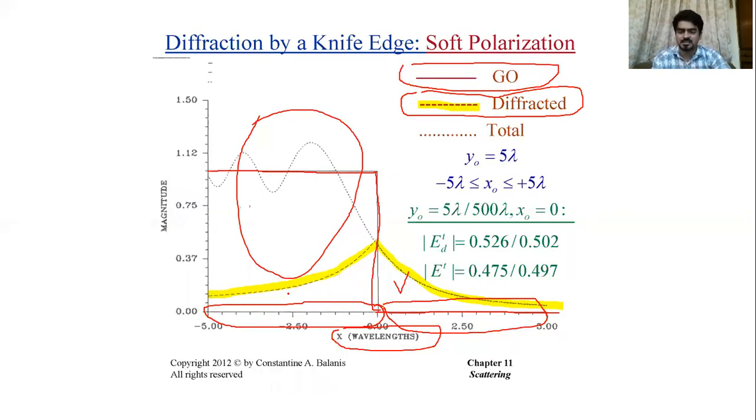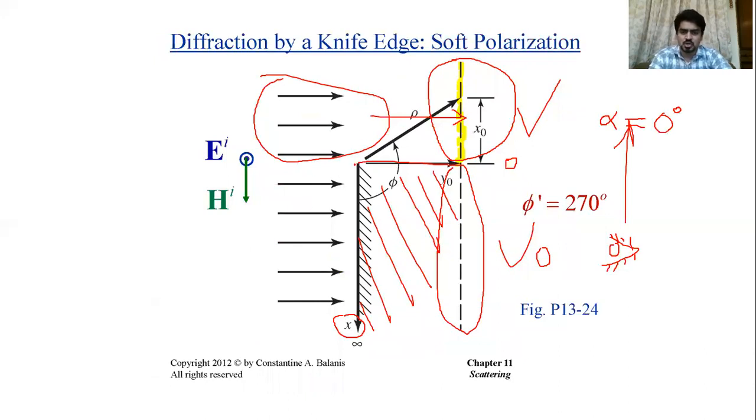They add with each other, and since they are out of phase, and look at this, from this edge the fields are radiated, or get diffracted from that point.